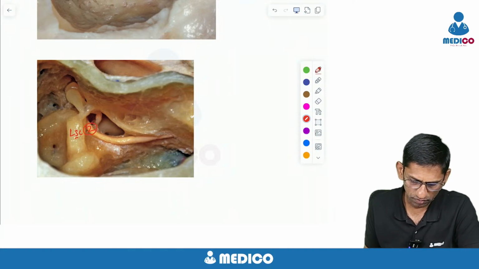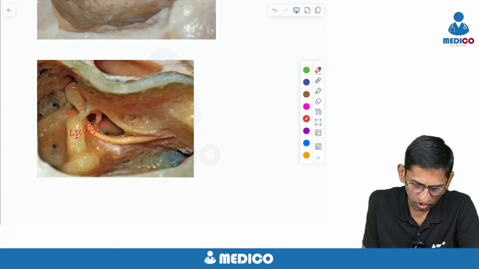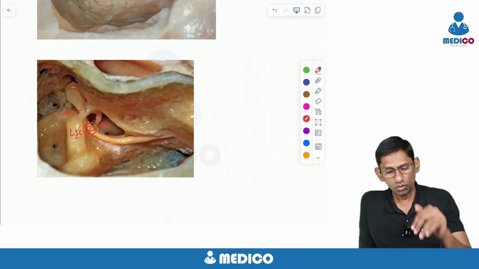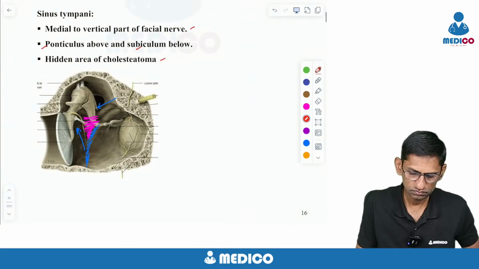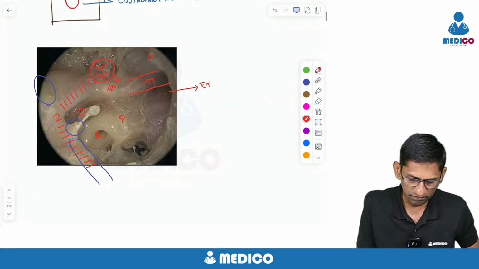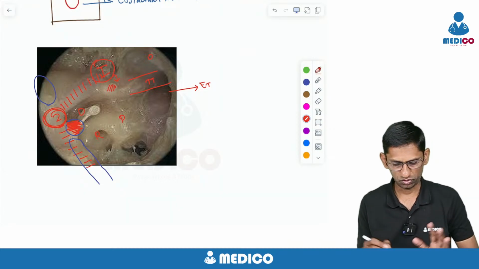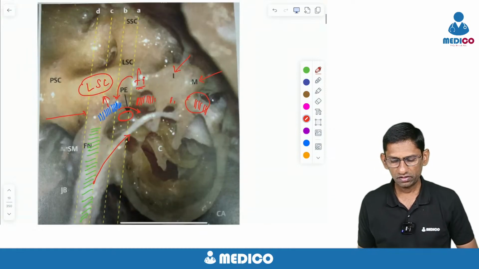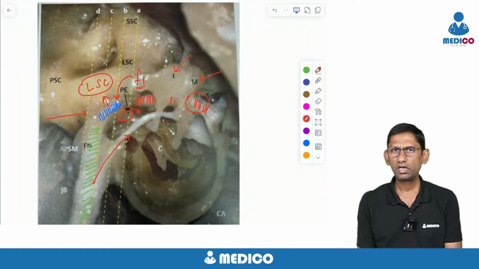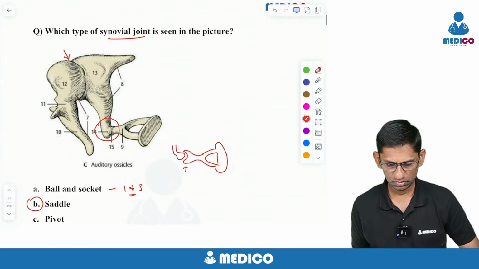So it is postero-superior, and here the oval window is antero-inferior, and this is the fossa incudis I told you, and the second genu is inferior and medial, and at the point of the second genu we have the prominent process called pyramidal process, which gives us the stapedius muscle. So these are all the points to remember around the second genu. These are all important anatomical landmarks for the second genu of the facial nerve. This is how it is more crowded, and with these landmarks we can say which is the second genu. So that's a very important point, my dear students.